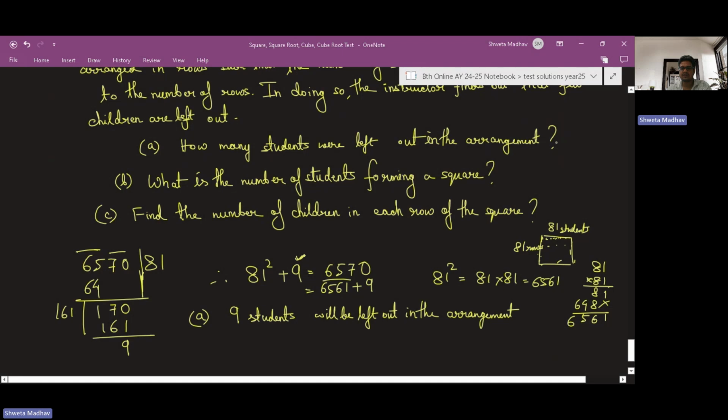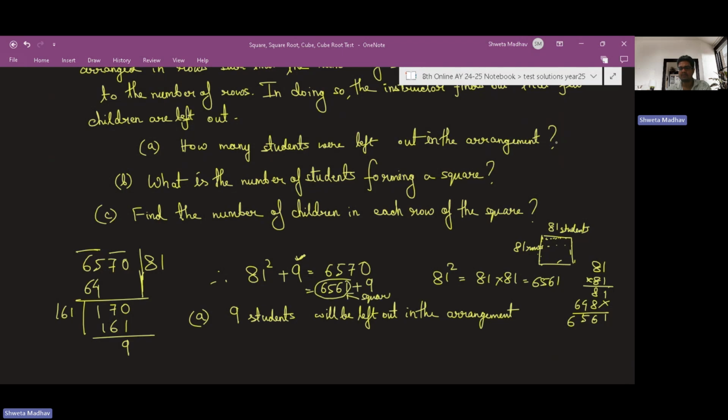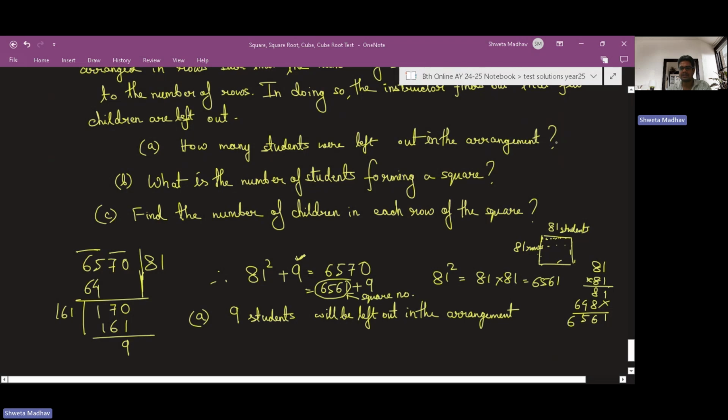So this 6561 is a perfect square number. So 6,561 students will form this square, with 81 students in each row and 81 rows, and 9 students will be left out in the arrangement.